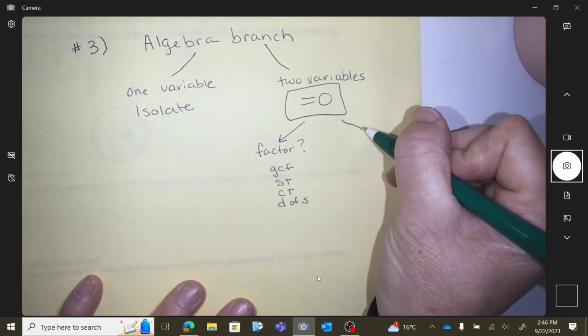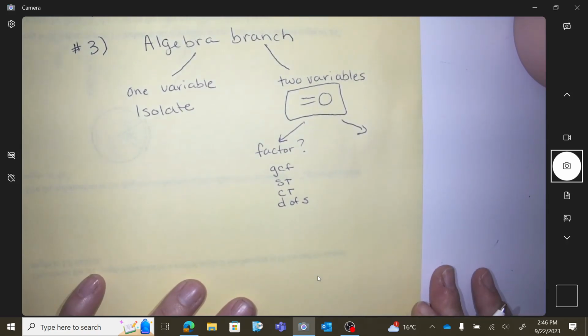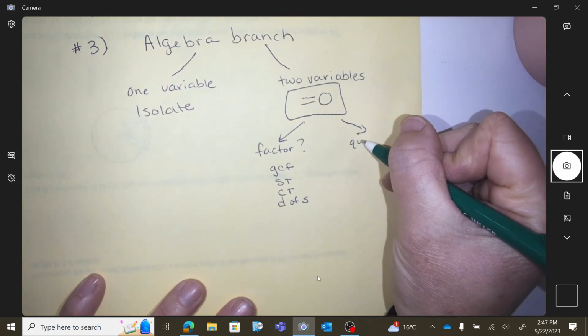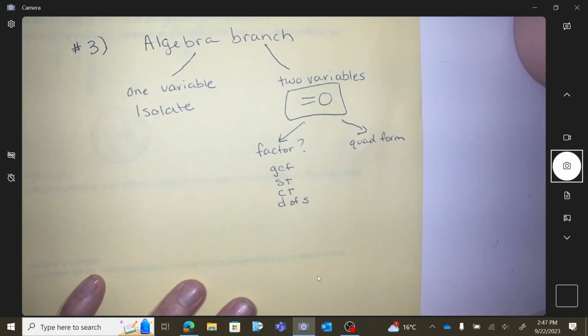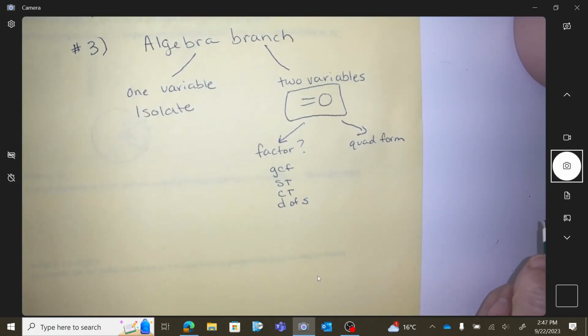If it doesn't factor, quadratic formula. I saw some of you using the quadratic formula on factorable ones. That's fine, it works, right? It's just that if it's on a part where it's not calculated on your exam, you probably got to know how to factor.